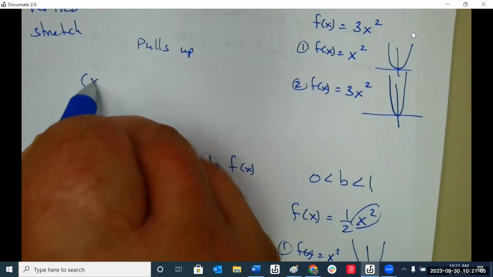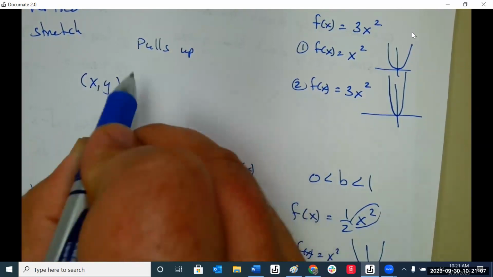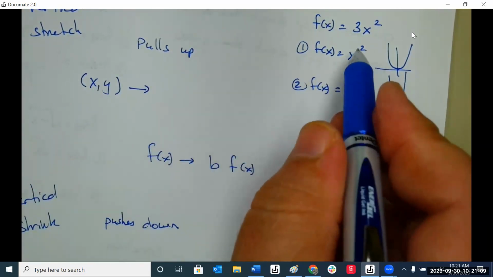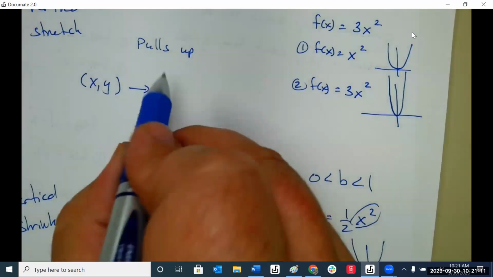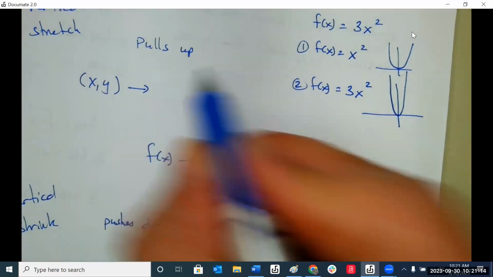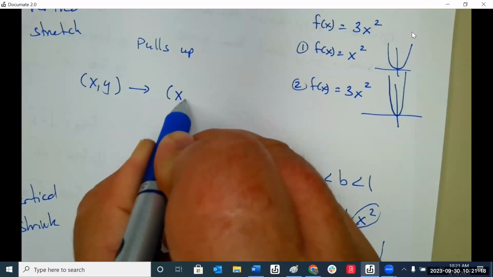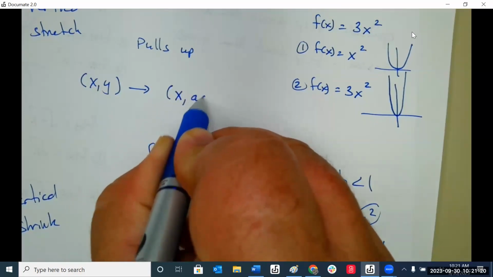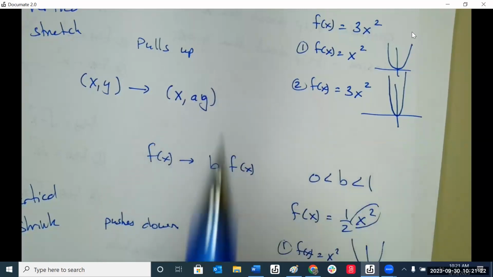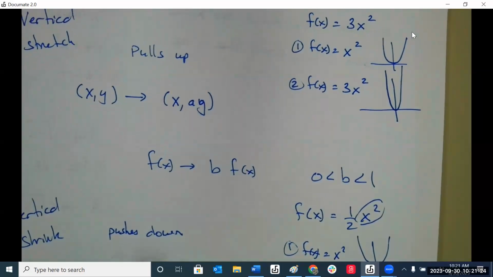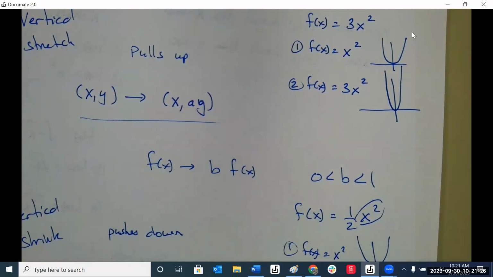So your point x, y from your original function on this first part now becomes x, a y. That's what happens to your points. That's how they change.